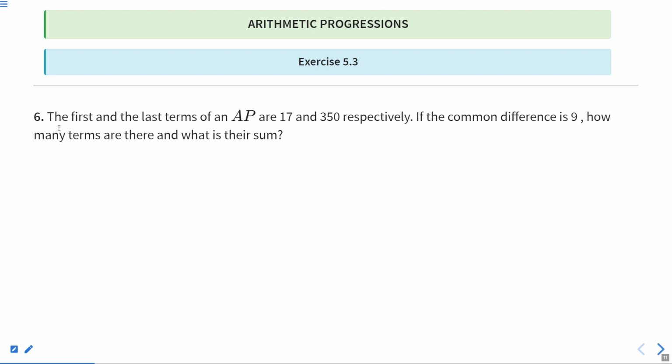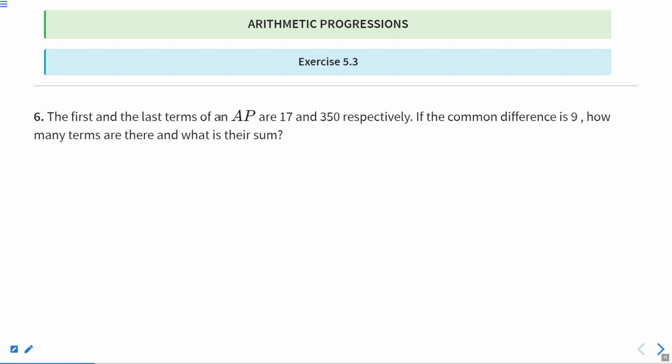In this question, we have the first term and the last term of an AP, which are 17 and 350 respectively. If the common difference is 9, then how many terms are there and what is their sum?